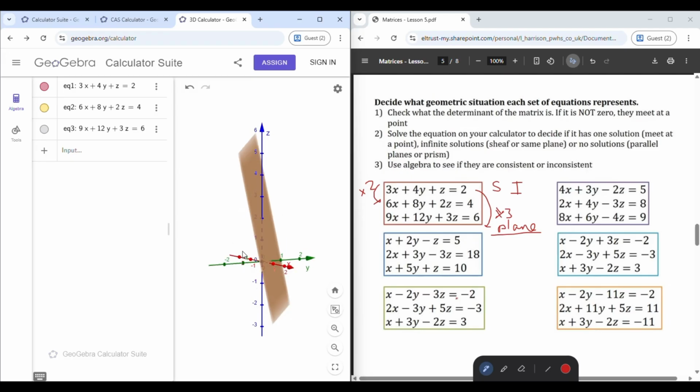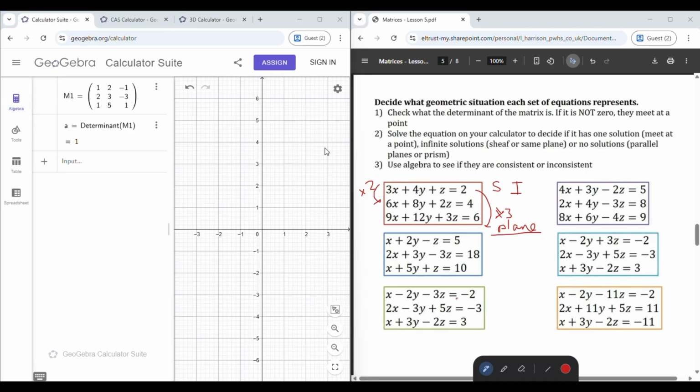So now let's have a look at the one below that. I found the determinant of that, and that gave me a determinant of 1, meaning it's non-singular. So there I'm going to write non-singular, so therefore I know they have to intersect at a point. And I know the point where they intersect is going to be the solution to those simultaneous equations.